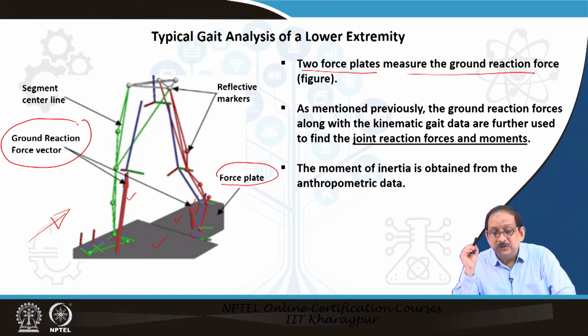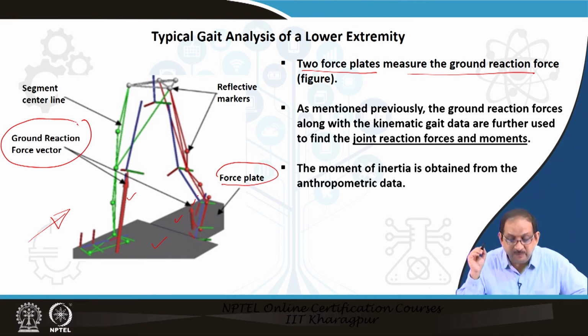The moment of inertia is obtained from the anthropometric data. The anthropometric data consist of length and mass properties of each body segment.